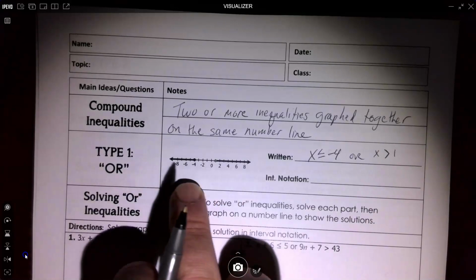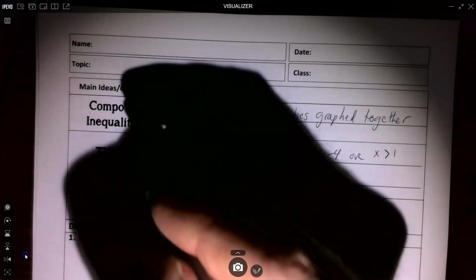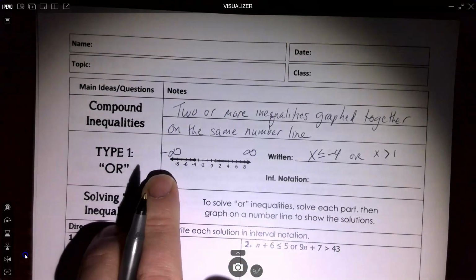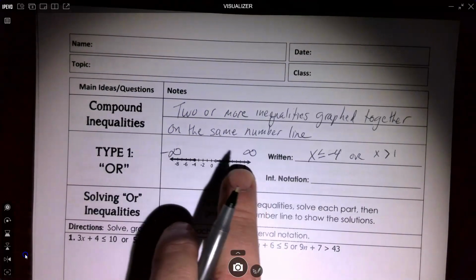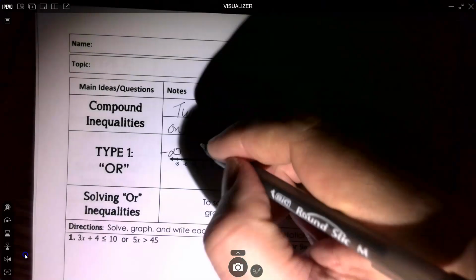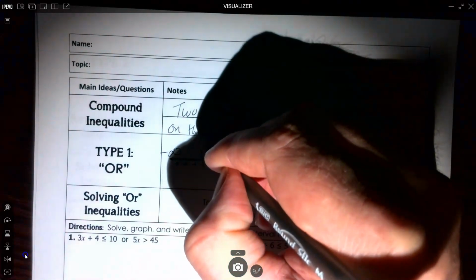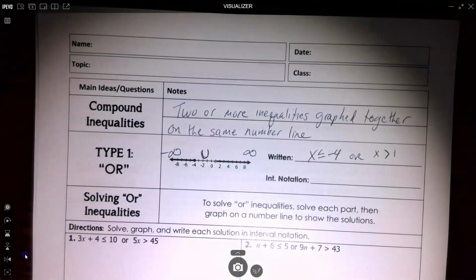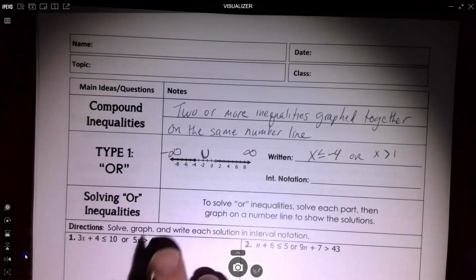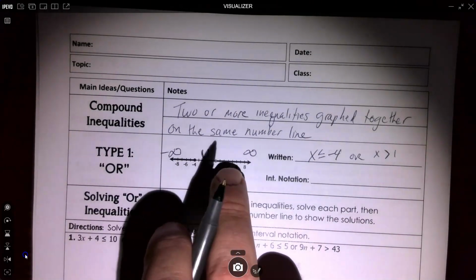The first thing you're going to write, remember, you put your negative infinity here, positive infinity there, and you write this piece, and then you write this piece, and we're going to put something in between. If you want to, you can put that symbol in. It's the union symbol, which looks like a U for union. So you write this one, then union, then this piece.